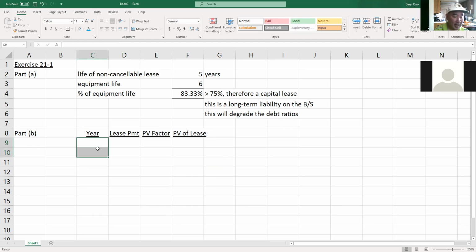Has to be made at the beginning of the year, 5 years. 0, 1, 2, 3, 4. Okay. The lease payments are 8,668.